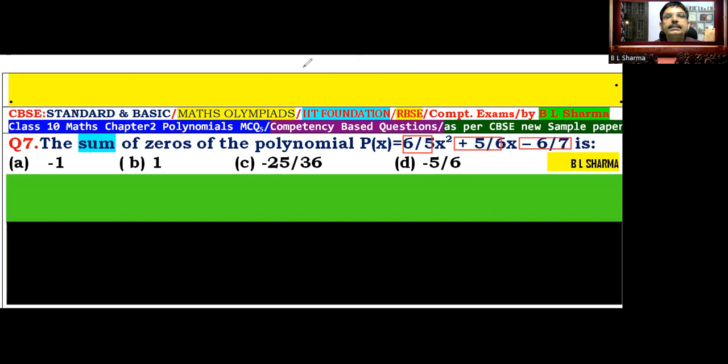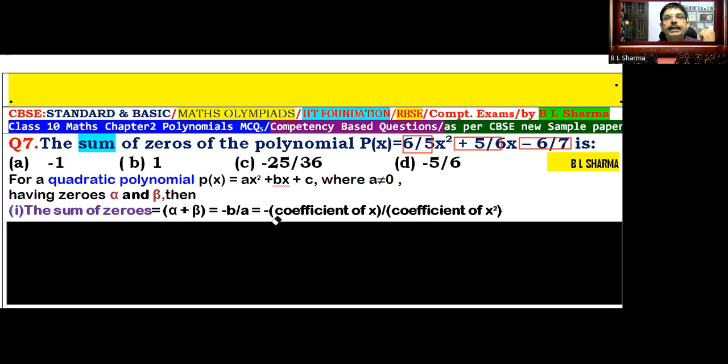We know that the sum of zeros is given by negative of the coefficient of x upon the coefficient of x square. So here, negative as it is, the coefficient of x is 5 upon 6 divided by the coefficient of x square, which is 6 by 5. See here, the coefficient of x is plus 5 by 6 and the coefficient of x square is 6 upon 5.